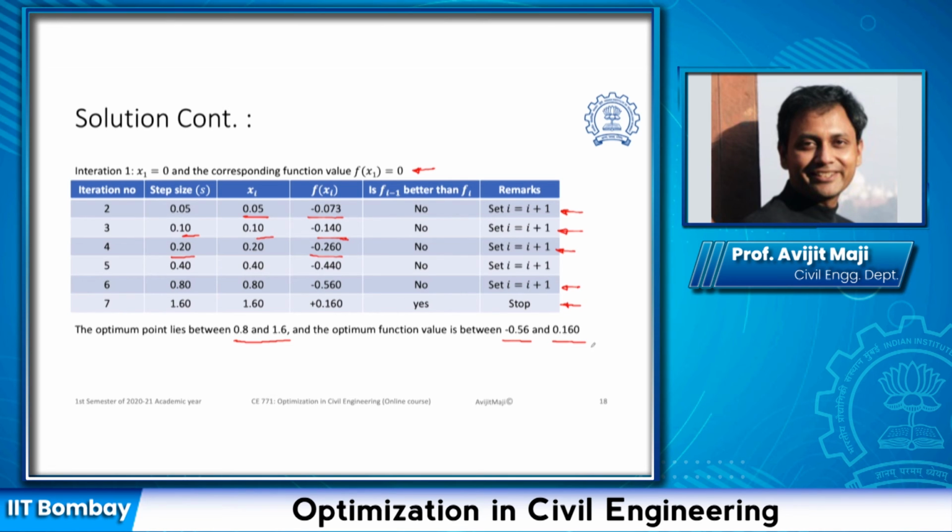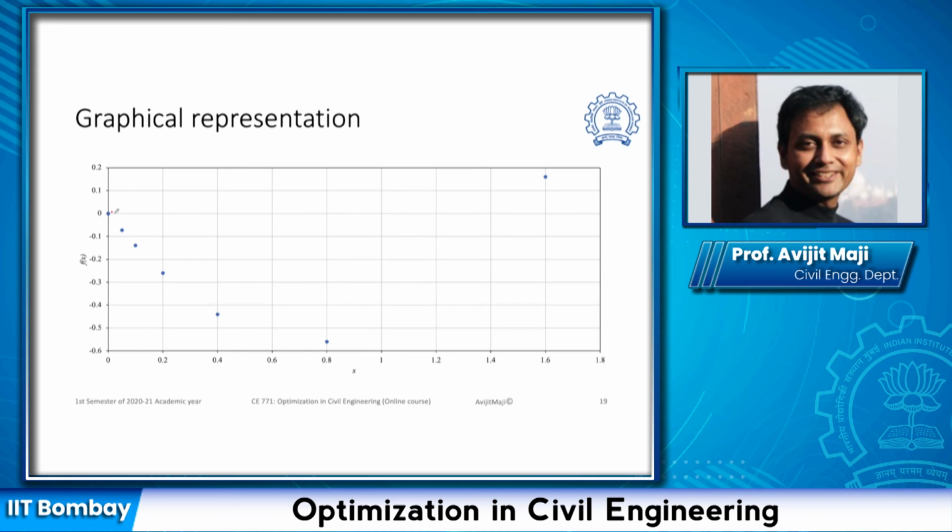Now let us look into the graphical representation of this solution. We started with a point at 0, and then we moved a step s from this point to this 0.05, and we found the objective function value is improving. Then we increase the step by another.